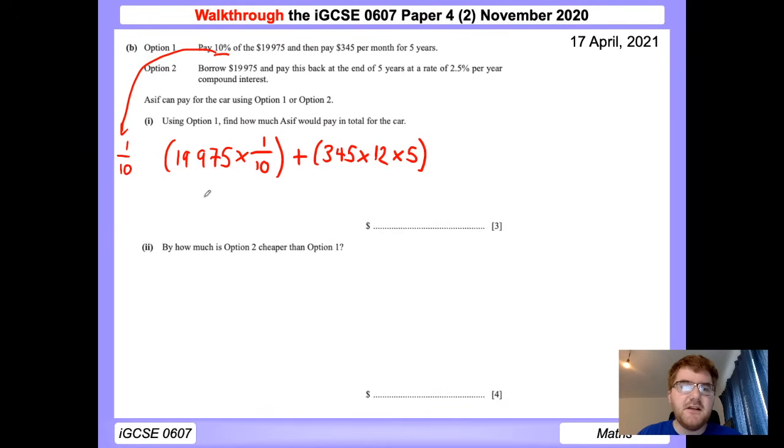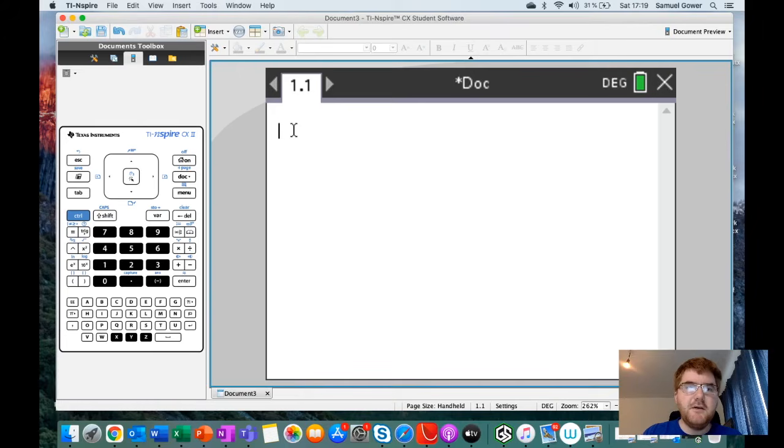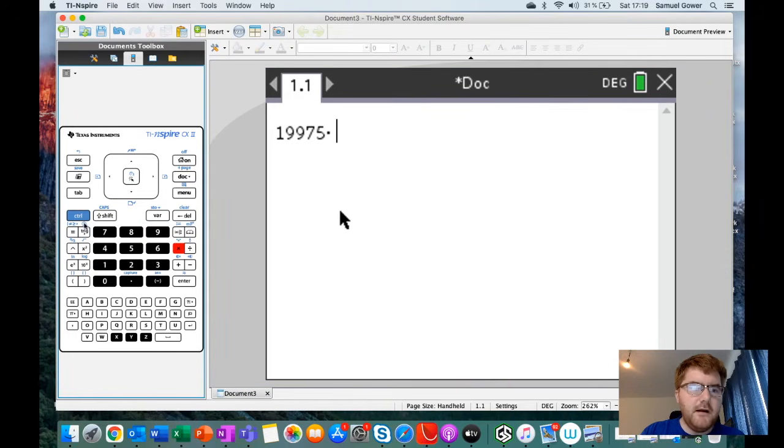So at this point, I'm going to take this calculation and I'm going to put this straight into my GDC to generate an answer. You can see what I'm doing over here. So I'm going to put in 19975 multiplied by control fraction 1 over 10.